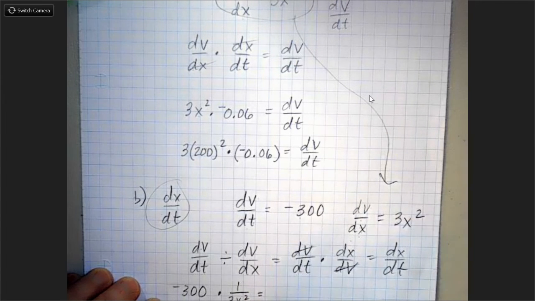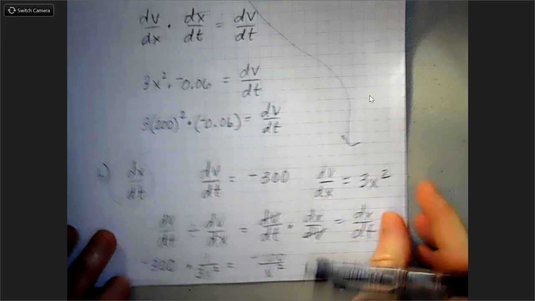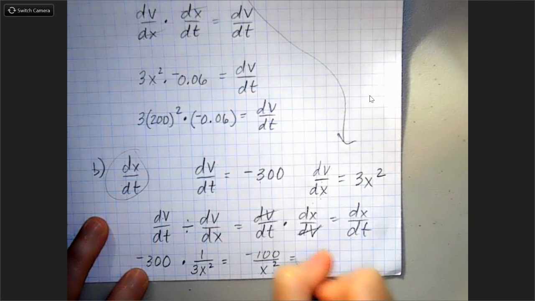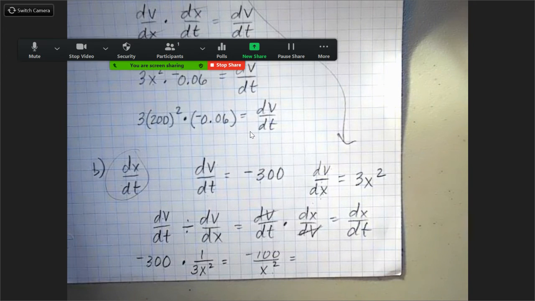So I'm going to get, let's see, negative 300 divided by 3, that's going to be negative 100 over x squared. And my x was 200. Okay, how much was I starting with? So I was starting with 200. So let me go ahead and put this into Mathspace, though.